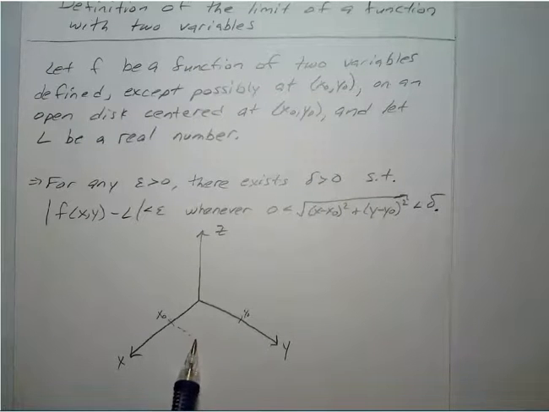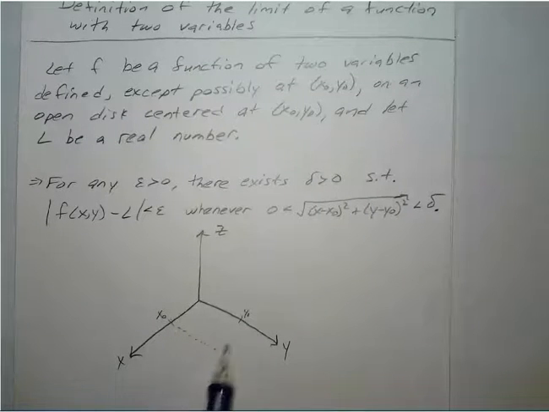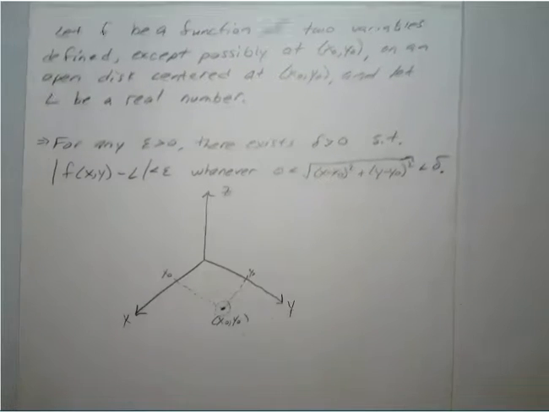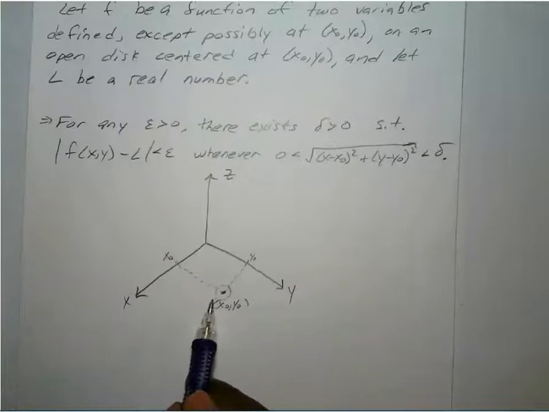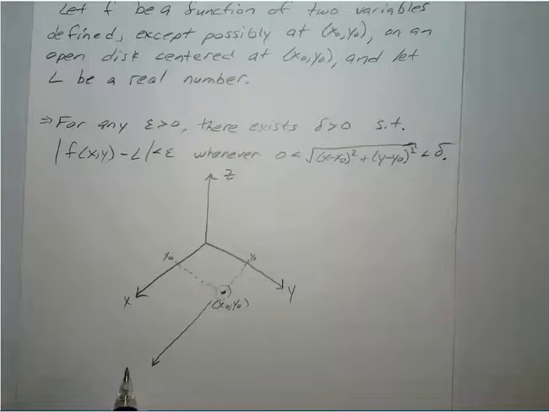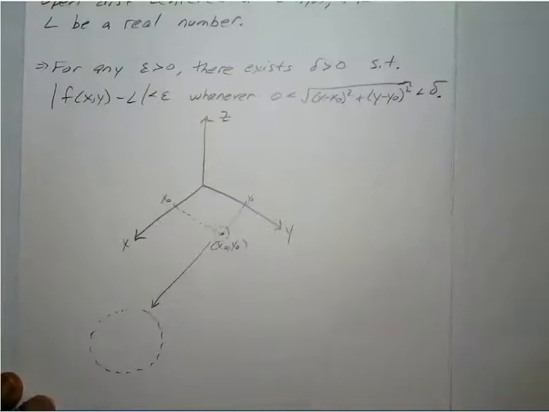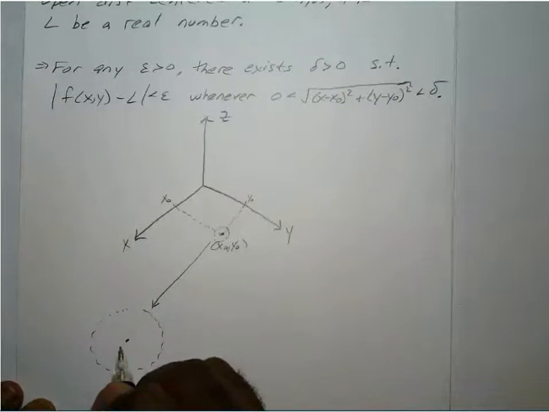So your x0 goes out here, and your y0 goes out here, which makes that point your x0, y0. What we're going to look at is just the space around that x0, y0. We're just going to enlarge that space, and right in the middle is your x0, y0.